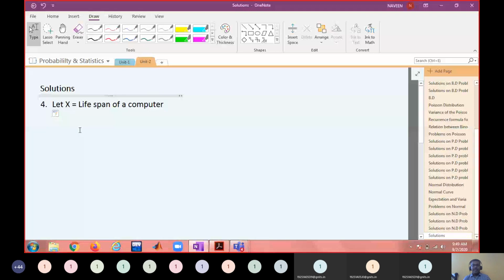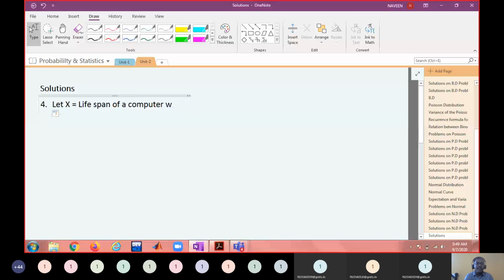Whatever the mean is about will be the definition of the random variable. So X will be the lifespan, a random variable. So it is continuous, right? It is given as normally distributed, because we are asked to assume that X is normally distributed.